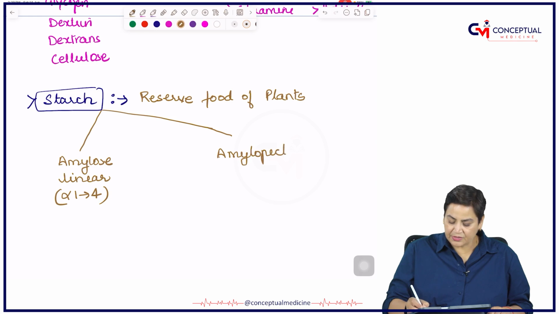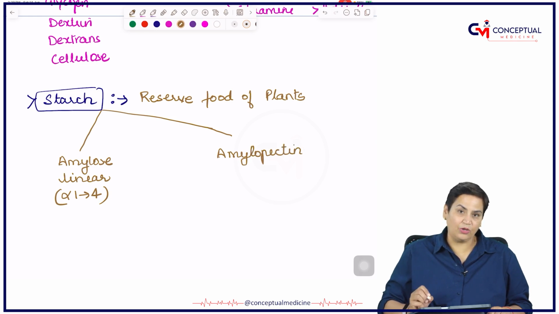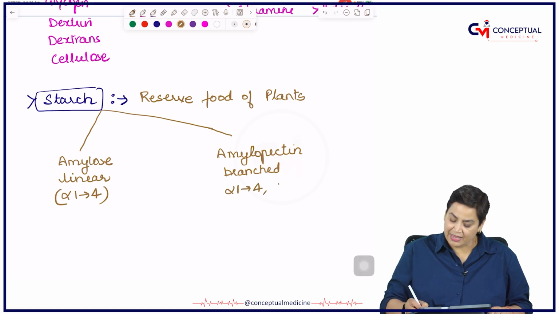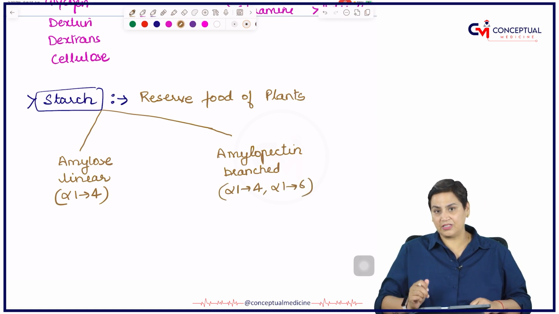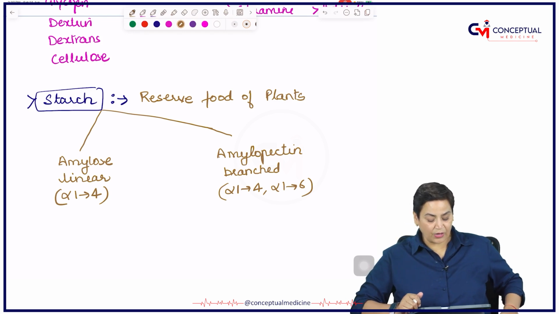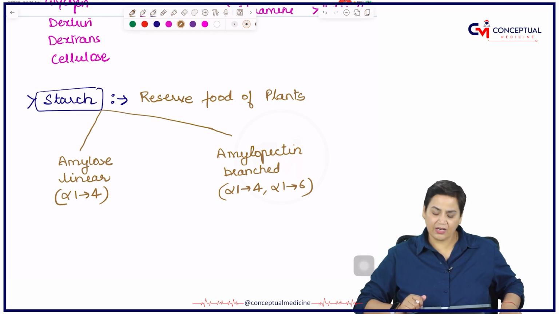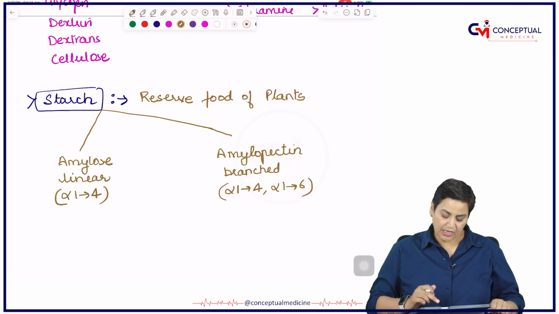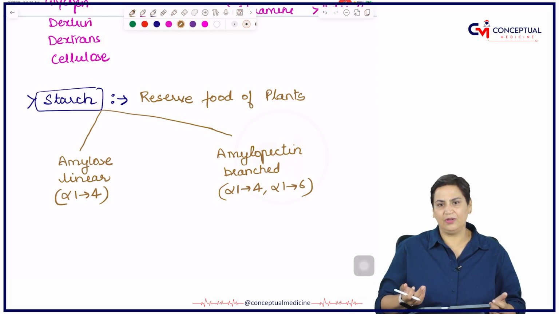The basic difference between amylose and amylopectin is that amylopectin is a branched structure. Branched structure means it has alpha 1,4 and, along with this, alpha 1,6 linkage, which is very important, giving a branched kind of structure to starch. Depending upon the structure, we can explain the solubility. The more the linkage, the lesser the solubility.